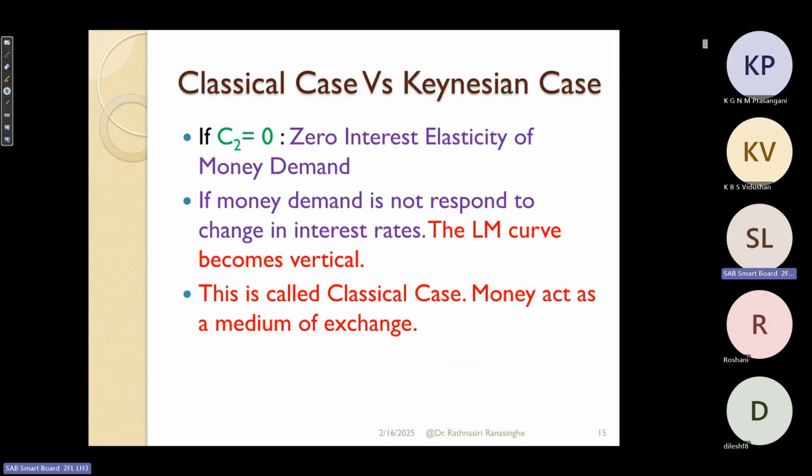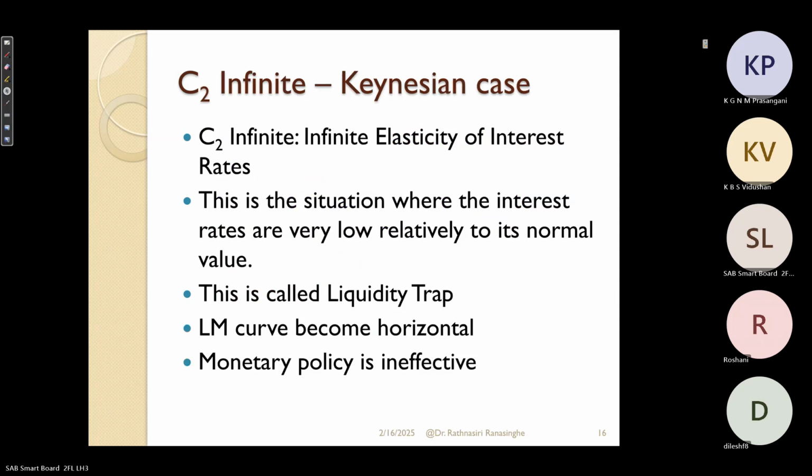The other extreme case is C2 infinity. That is another case, and that is why we identify it as the Keynesian case.